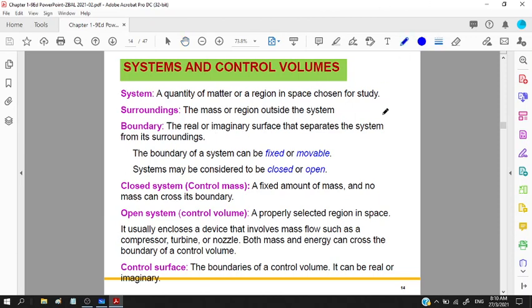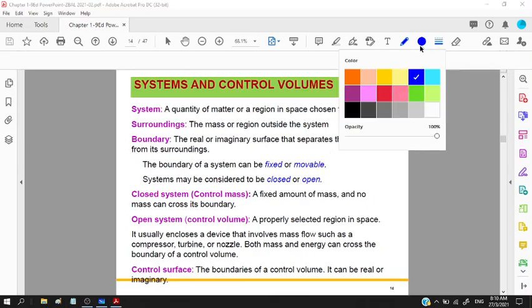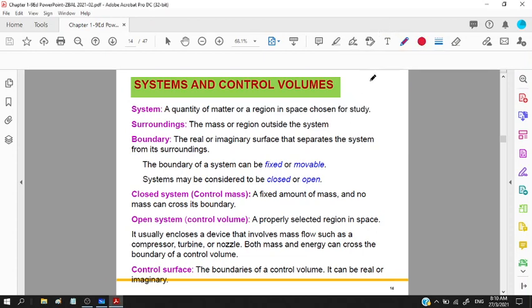And in thermodynamic systems, we are going to learn three types of system. The first one, we are looking at water, H2O. And then we are going to learn about R134A. And also we are going to look at the ideal gas. So we are going to learn three types of thermodynamic system in our scope.